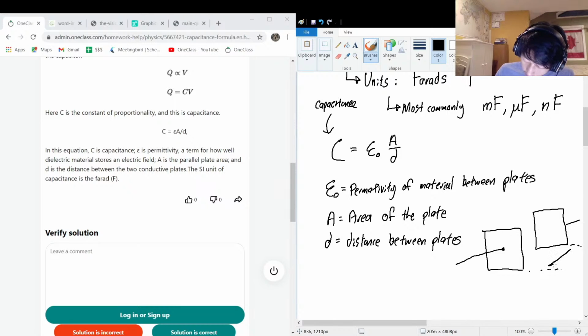The distance between them, that's D. This would be the area, or maybe it's better to draw it like that.